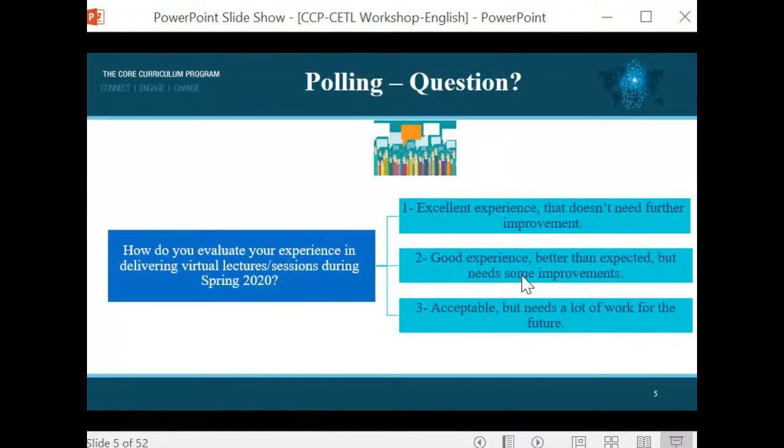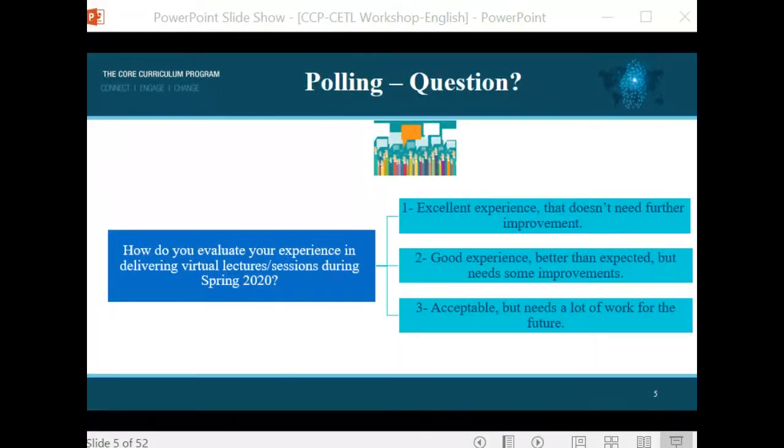Was it 1, excellent experience that doesn't need further improvement? 2, good experience, better than expected but needs some improvement? Or 3, acceptable experience but needs a lot of work for the future?